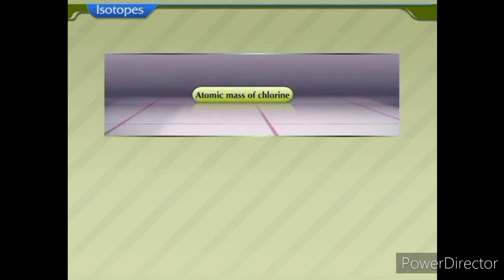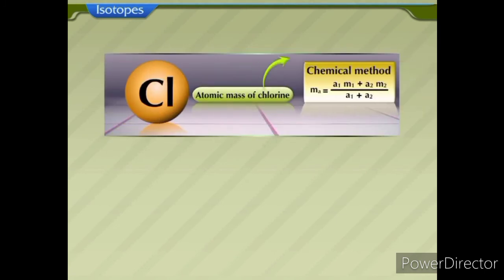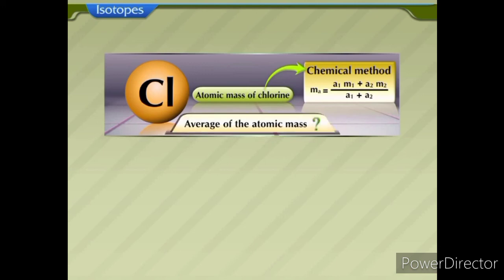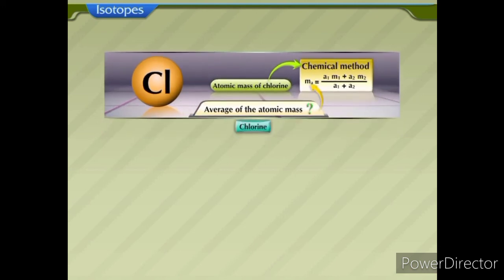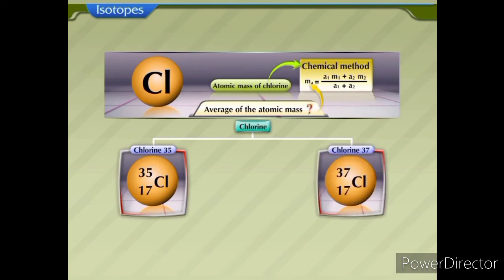When we determine atomic mass of chlorine by chemical method, we find that it is the average of the atomic masses of the two isotopes. The average atomic mass of chlorine can be calculated theoretically by a general method as follows.